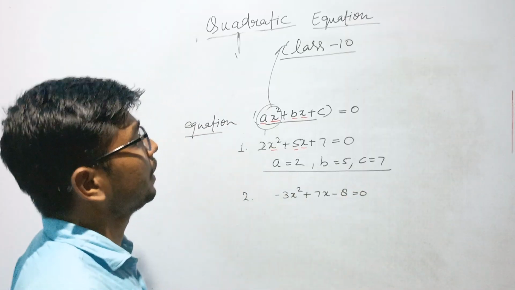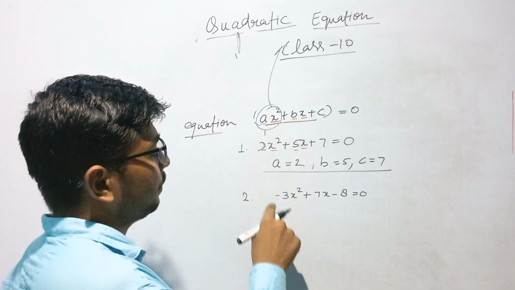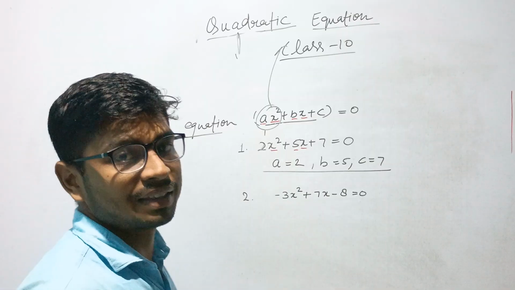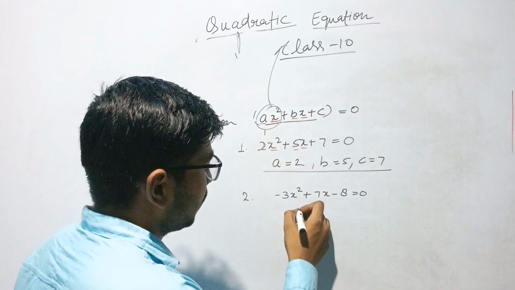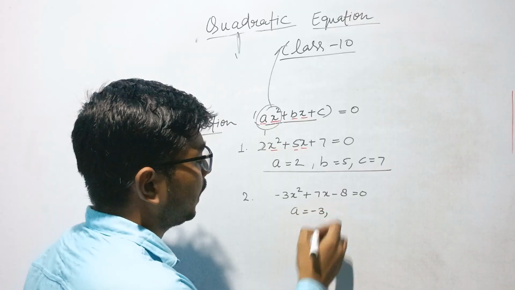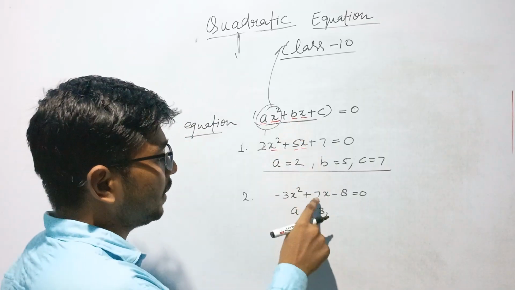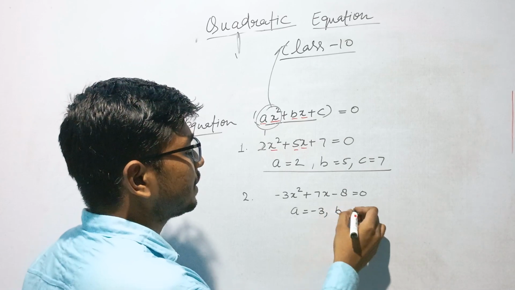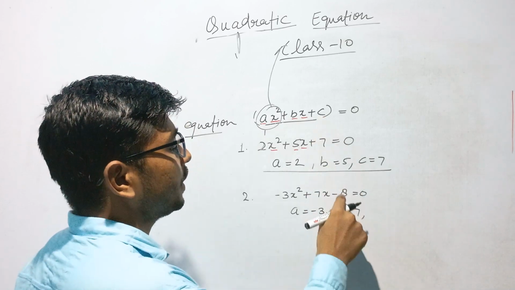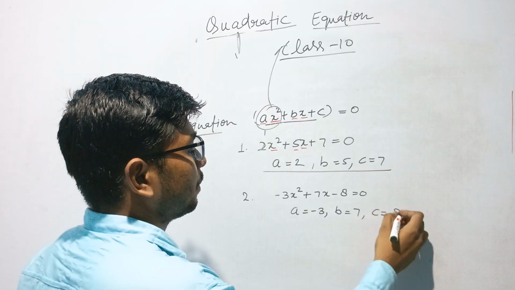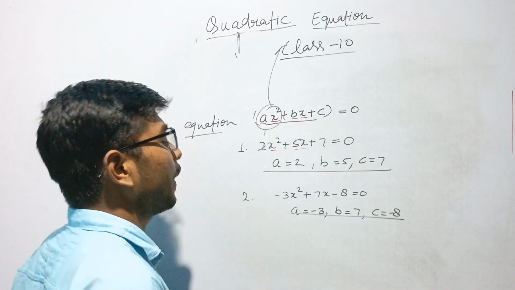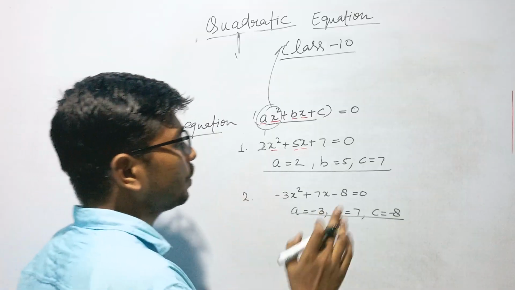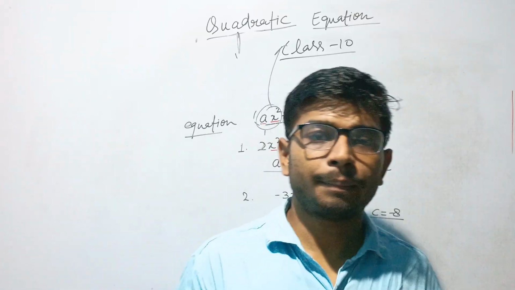Now just compare. In place of a, see what is here? It is minus 3. So a will be minus 3, right? In place of b it is 7, so we have to write 7, and in place of c it is minus 8. Okay, so this way we have to compare.